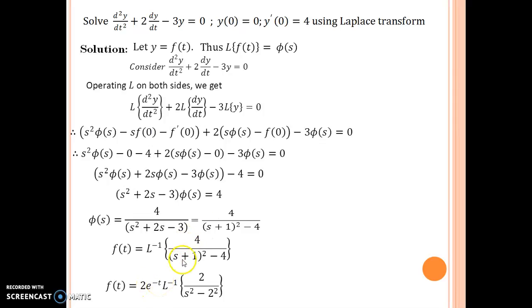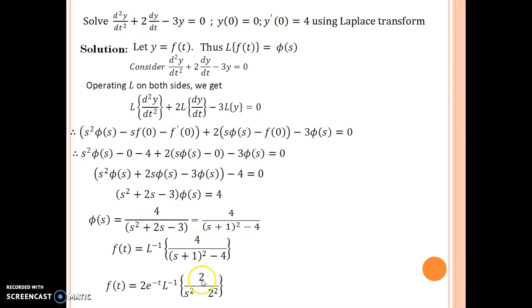Now I understand that this is the Laplace of the hyperbolic sine function. The formula is: Laplace of sinh at is a over s square minus a square.